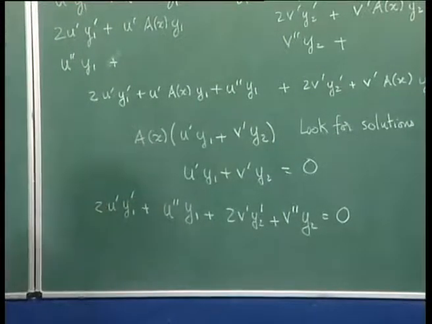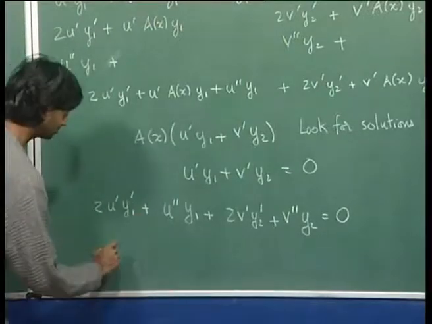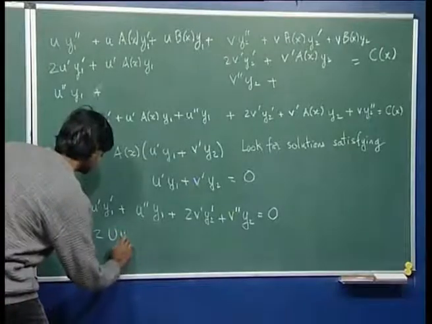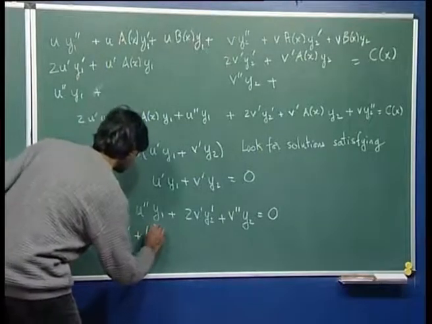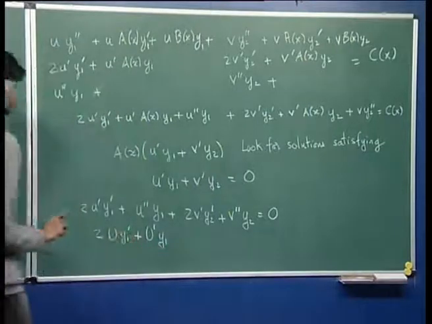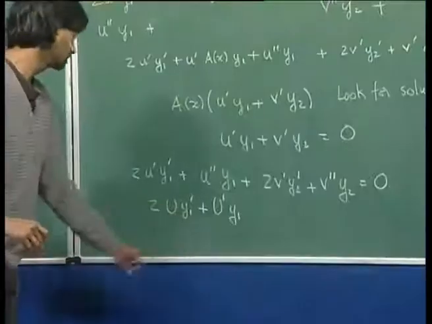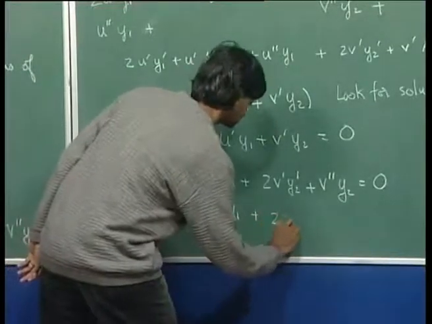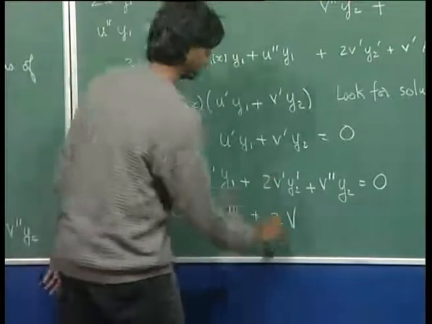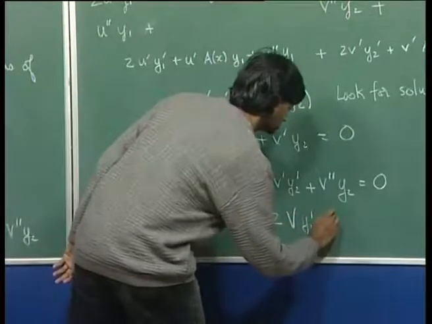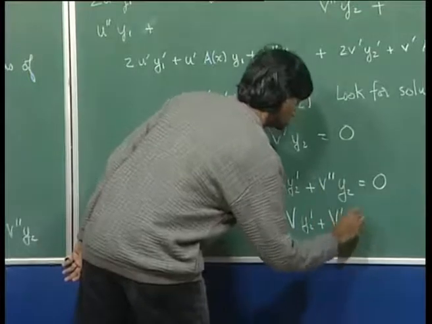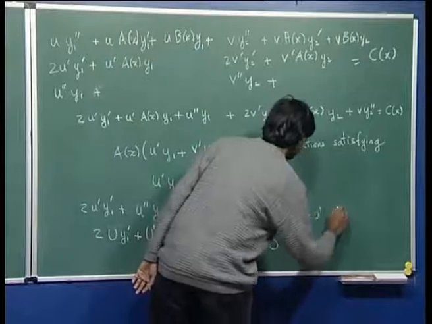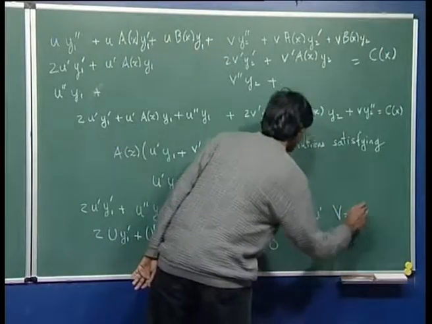And if you call u prime as capital U, so what you have is y1, this is the first part, plus, and if you call v prime as capital V, where capital U equal to u prime, capital V equal to v prime.